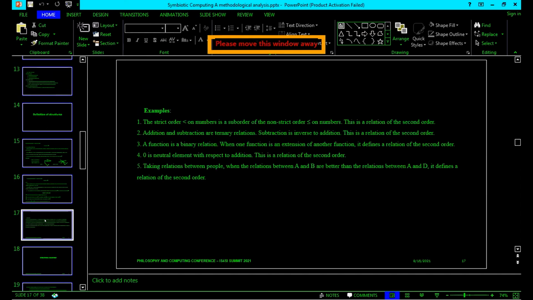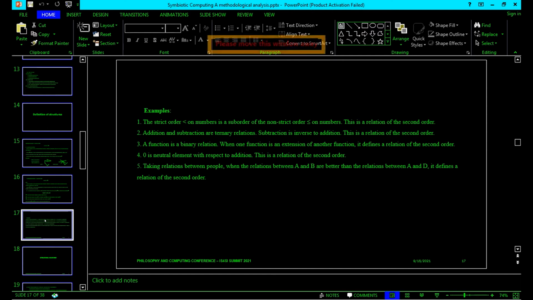And examples of relations of the second order are here. For example, the strict order on numbers is a suborder of the non-strict order on numbers.